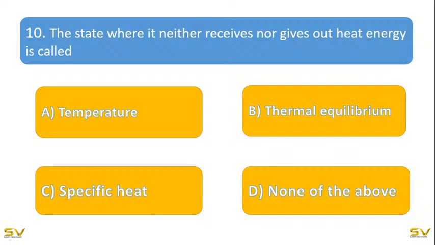Or none of the above? So neither heat is received nor heat is given. So that state we call it as temperature, thermal equilibrium, specific heat, or none of the above.